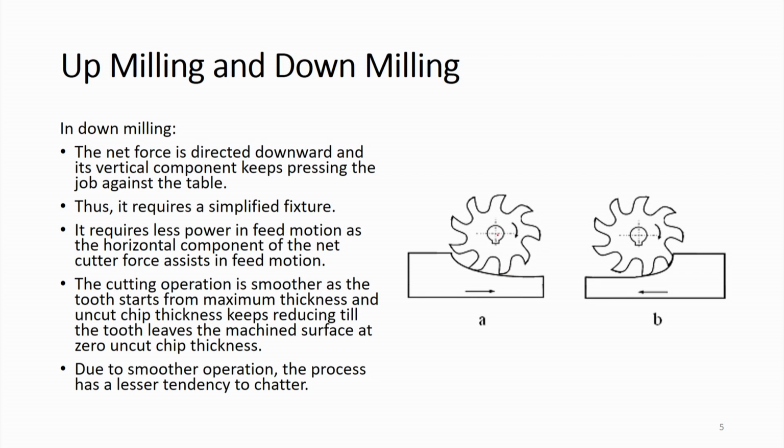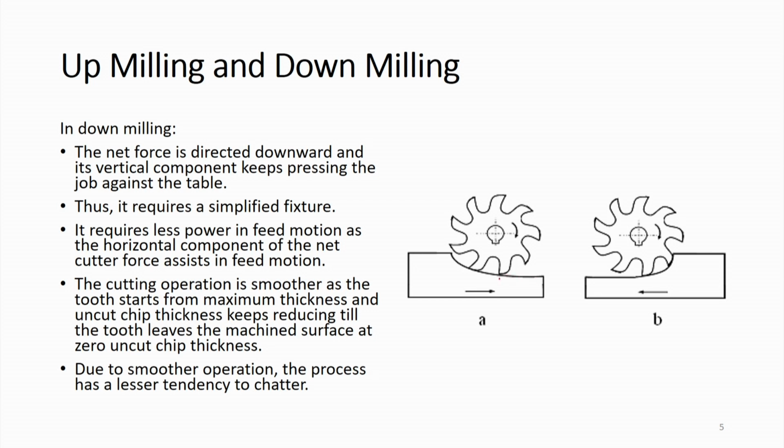Let us say that the cutter is stationary, so the table's relative motion is in this direction relative to the cutter. Or if the table is fixed, then naturally the cutter moves, but we are considering that the cutter is fixed at this location and this job is moving in this direction.